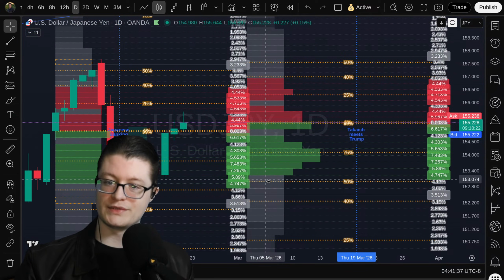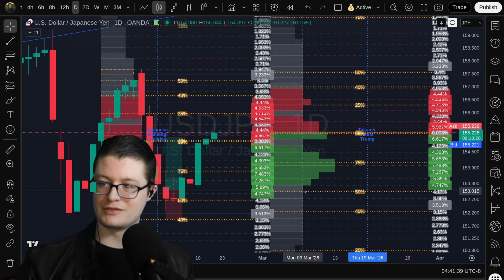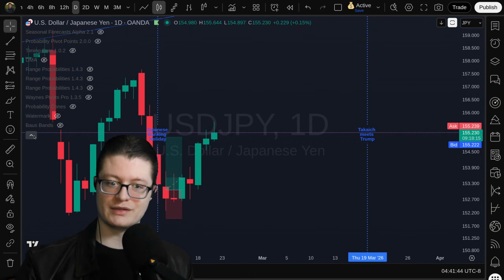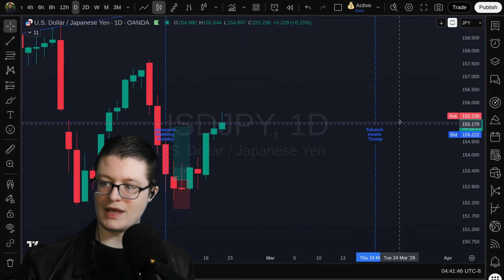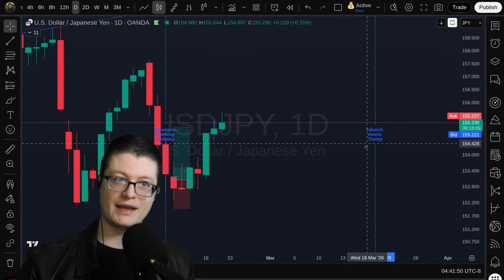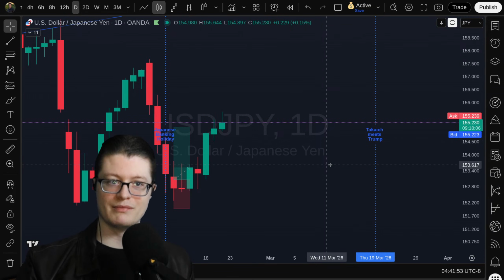Oh, and look here. See, this is my charts, these vertical lines. We can hide this for now so we have a clean chart. Look at that. Takaishi meets Trump. This is the current planned date for Takaishi, the new Prime Minister of Japan, who has a huge supermajority.